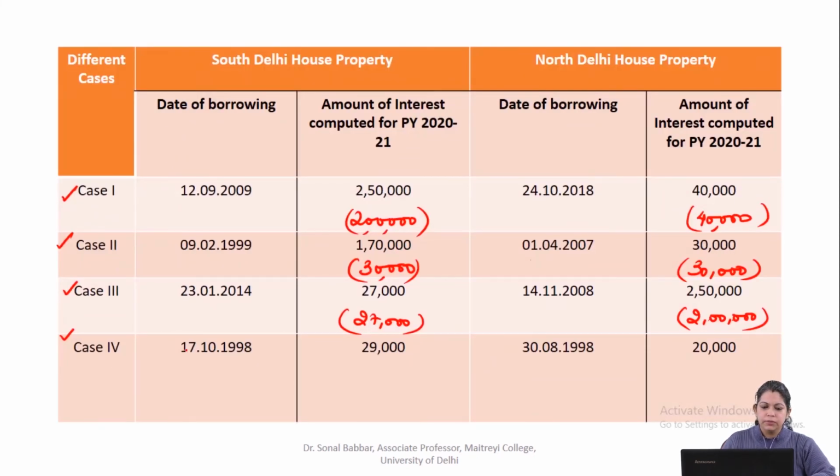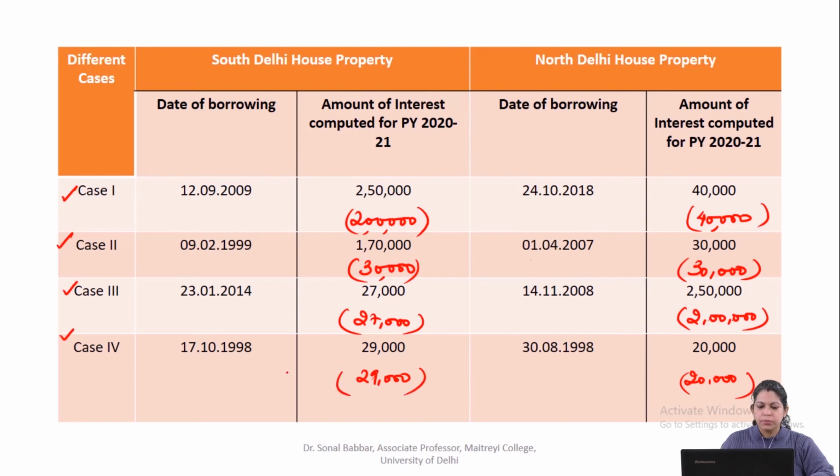Case number 4. The date of borrowing is 17th October 1998, that is prior to 1st April 1999. So the limit is 30,000. 29,000 is within the limits, therefore 29,000 here. 30th August 1998 is the date of borrowing in case of the North Delhi house property. The maximum ceiling is again 30,000 rupees. 20,000 is within the limits.